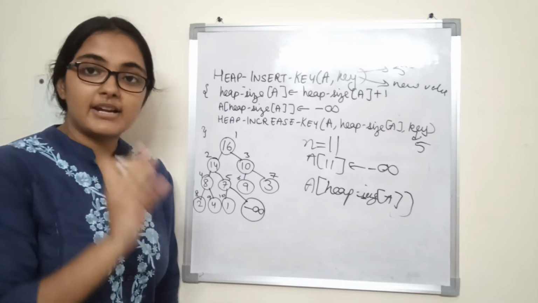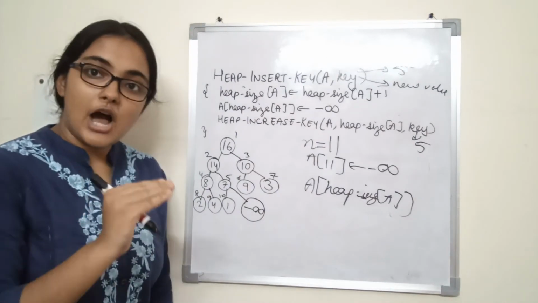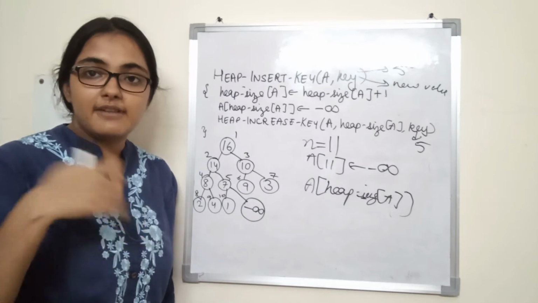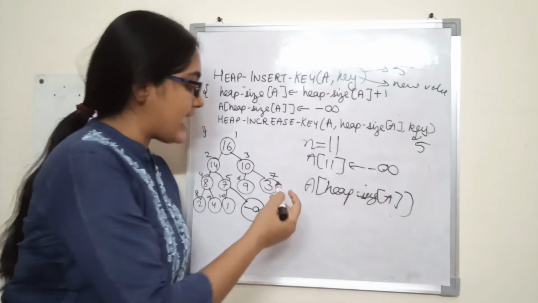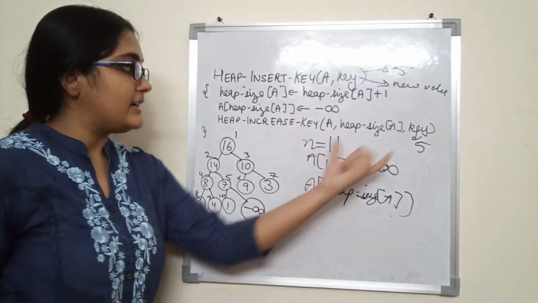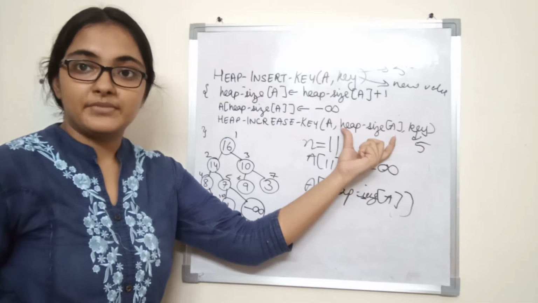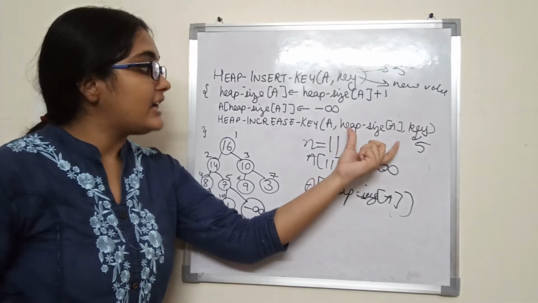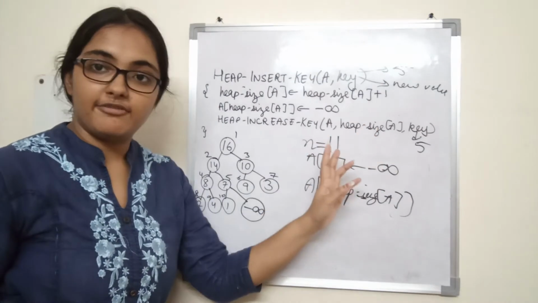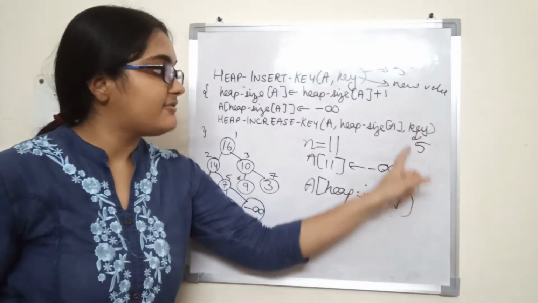Now we are trying to make use of the heap increase key procedure. What does heap increase key do? It increases the value of an element. So we are acting as if we are increasing the value of the element at A of 11, and the value to which we want to increase it is 5.